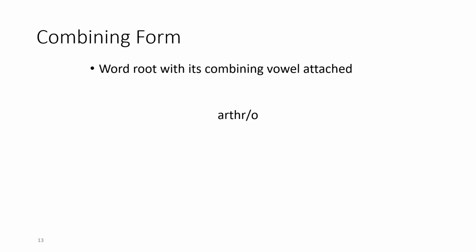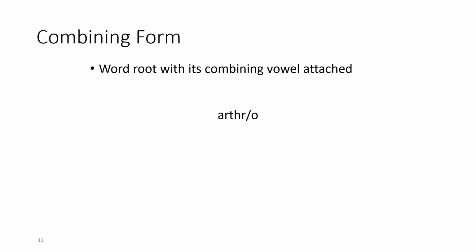A combining form is when a word root is combined with a vowel. In this case, the example is arthr, which means joint, and the O after it would make that combining form arthro, which is much easier to say.